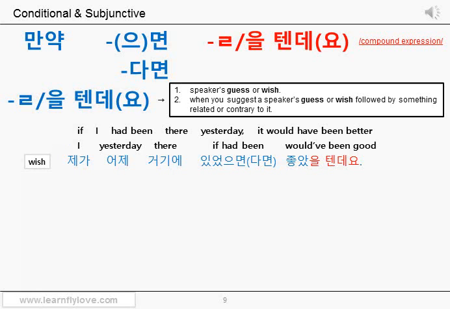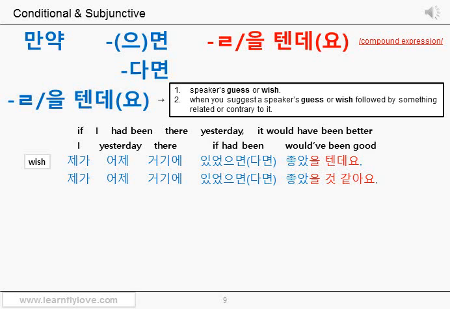So it tells us that you wish you were there. 제가 어제 거기에 있었으면 좋았을 텐데요. Or 제가 어제 거기에 있었다면 좋았을 텐데요. The difference between 으면 and 다면? Yes, 다면 sounds a little bit more like you're talking about something which couldn't have happened. But there's no huge difference between two, as I told you. Then let's see the next sentence and compare it with the first sentence.